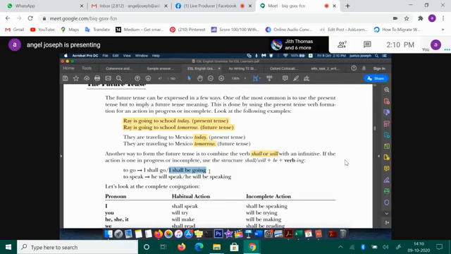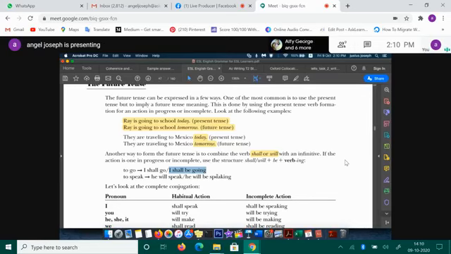Let's go back and compare this with the past tense. In the past tense, which word were we using here instead of be? Been. I had been going, I had been working, I had been driving.